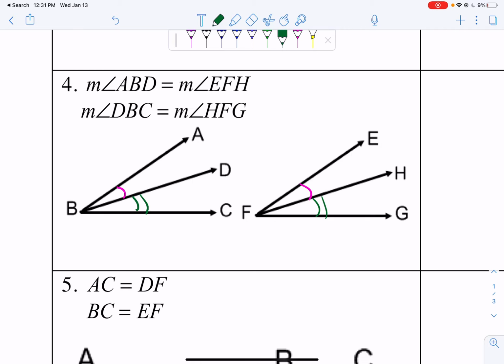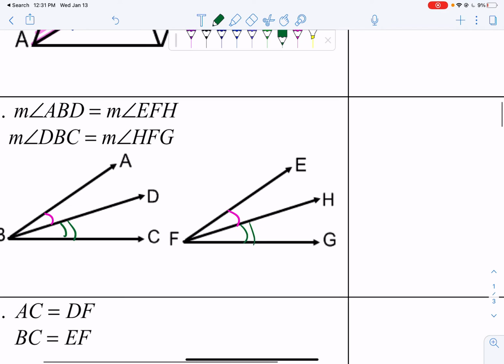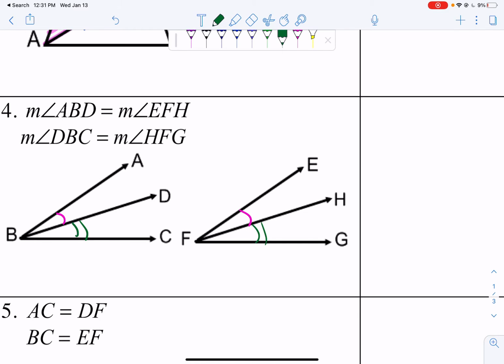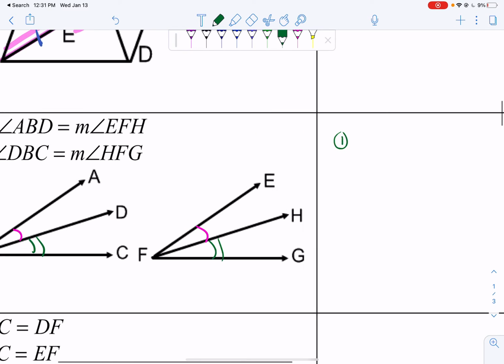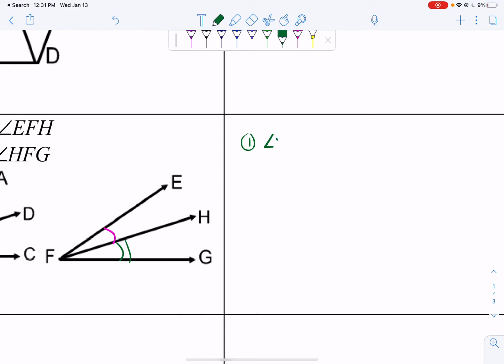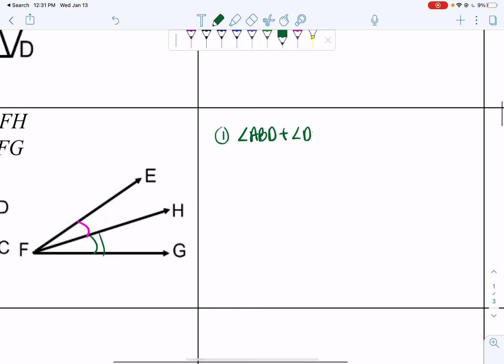So we do our addition, but this time we don't do it with segments, we do it with angles. I can say angle ABD plus angle DBC is equal to my whole angle. So number 1, I can say angle ABD plus angle DBC is congruent to my whole angle of angle ABC.